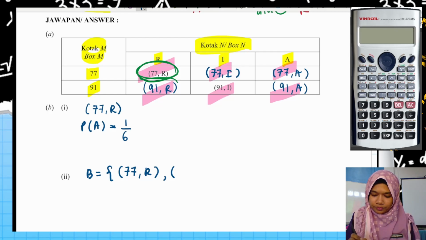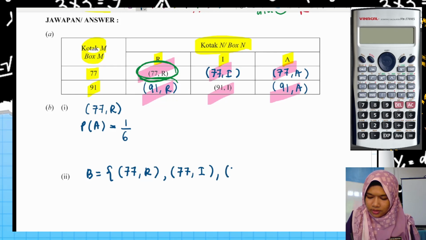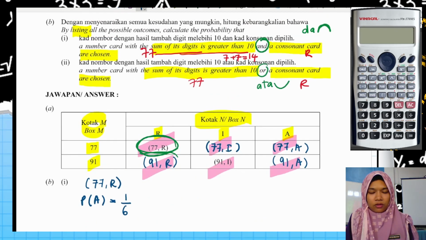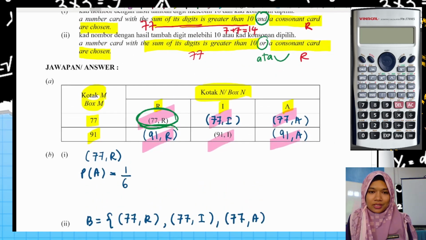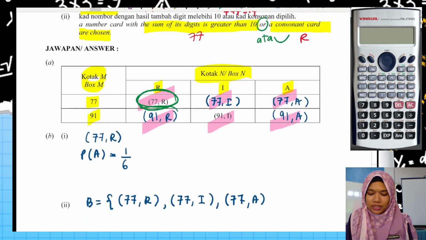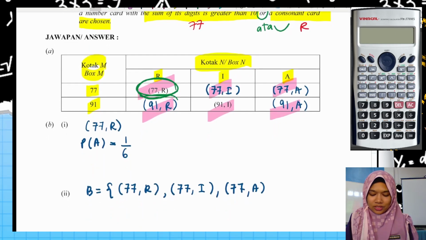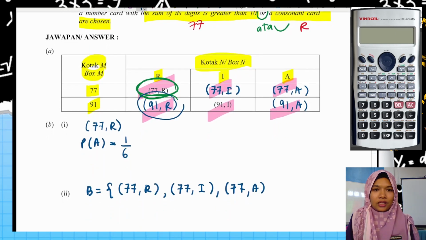So yang ada 77, kita listkan semua yang ada 77. 77 I, 77 A. Okay, because dia kata or. Okay, so either one must fulfill. Alright, and then consonant. Which one is consonant? R is the consonant. So termasuklah 91 R.